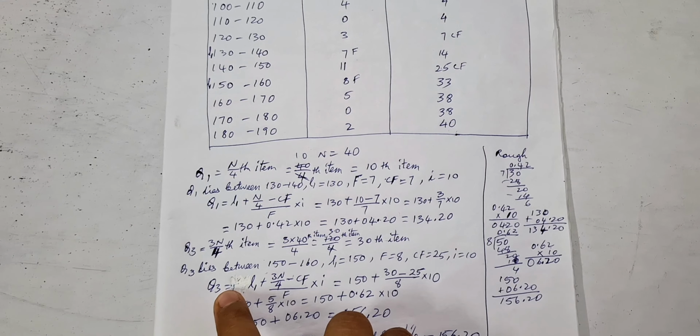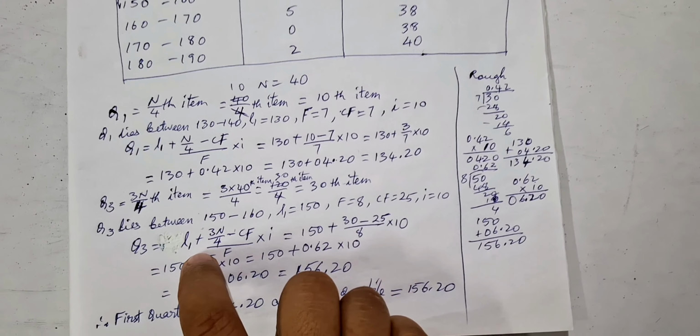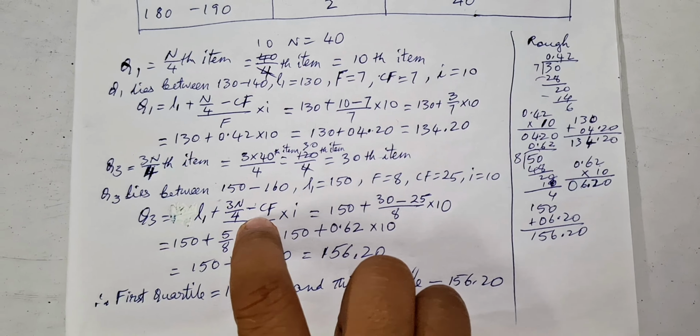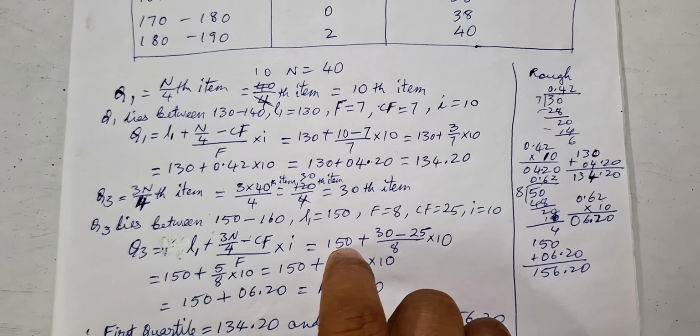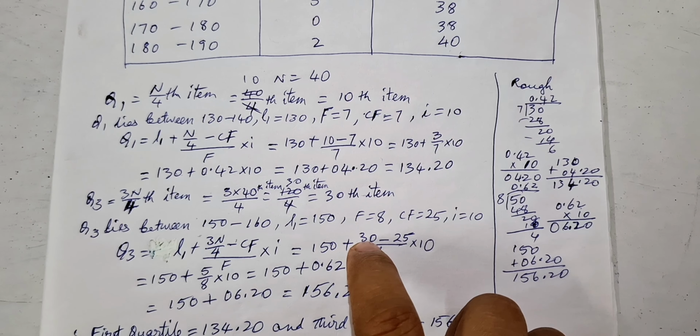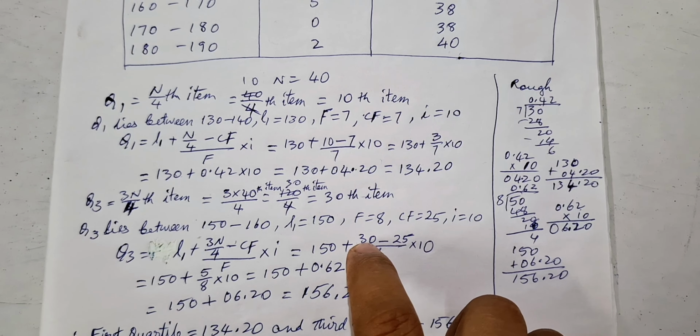Now Q3 is equal to, let us write the formula, L1 plus 3n by 4 minus CF, divided by F, multiplied by I. We'll insert the numbers now: 150 in place of L1 plus 30 in place of 3n by 4, minus CF is 25, divided by F is 8, multiplied by 10. Now 150 plus 30 minus 25 will be 5, divided by 8, multiplied by I, which is 10.